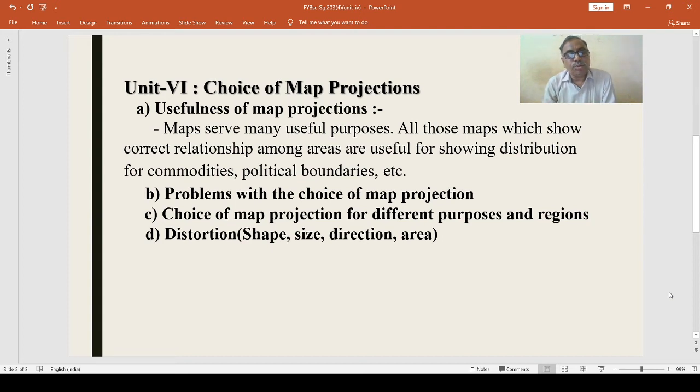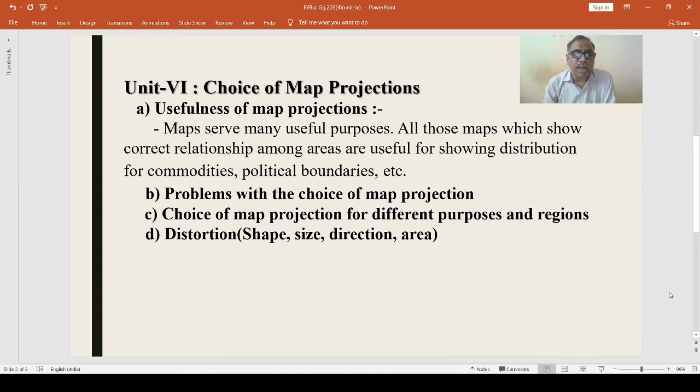Then the purpose is a chart for sea route, wind direction, ocean currents. Here, Mercator's projection is suitable. Then for showing Narmada Valley, Howrah Bombay Railway, conical projection with two standard parallels is used.